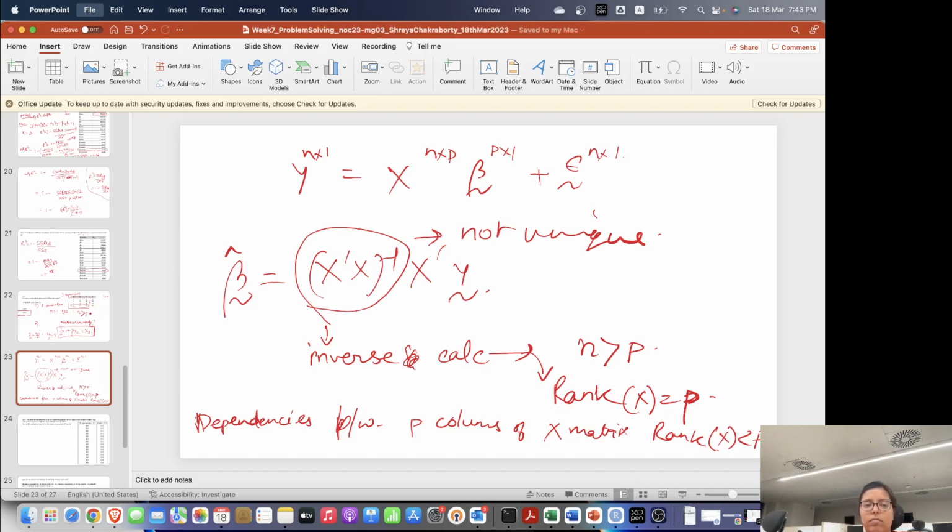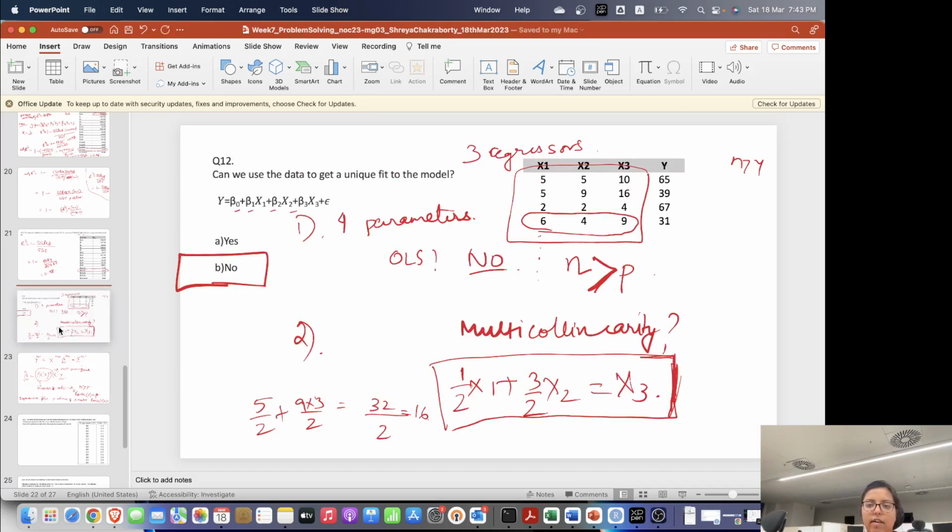Anyway, here even if we would have had more data points, if this relationship is satisfied, we would not get a unique fit to the model. Now the question is what to do. If these three are perfectly correlated, we can drop one of these variables. So let's say we drop x3, because x3 essentially contains the same information as x1 and x2. Then we would have p equal to 4, n equal to 4, and then we could have fitted an OLS model.